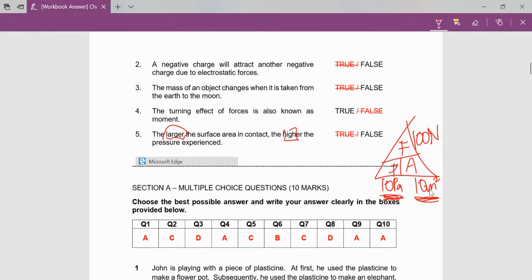For the surface area of 100 meters square, what is the pressure? Pressure equals force over area, 100 meters square. You will realize that the pressure will only be 1 pascal compared to 10 pascals. Okay, so the larger the surface area in contact, the lower the pressure experienced. So this sentence is false.